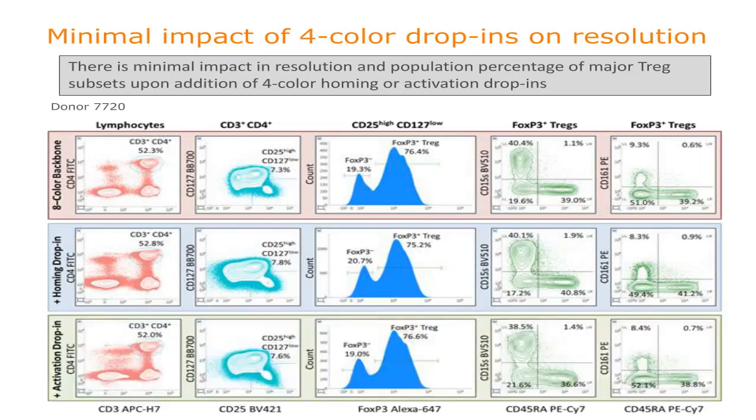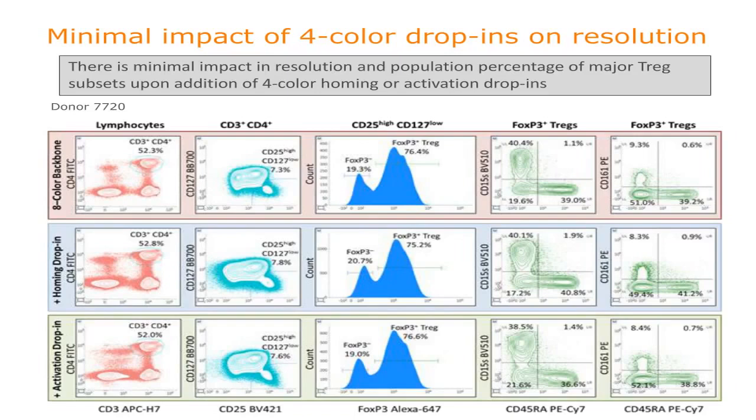And I want to do the same thing with my activation panel. And you can see, once again, that dropping in of my activation panel did not impact my backbone at all. So what we know now is that we've designed some panels that are very conducive to drop-in panels to be able to evaluate different areas of T regulatory biology.